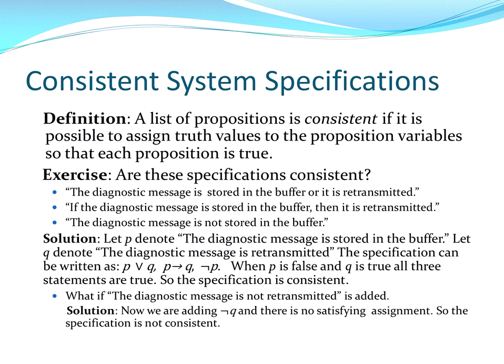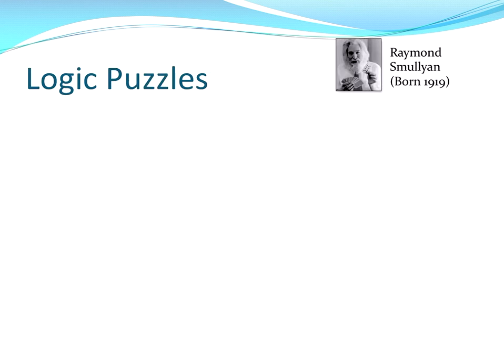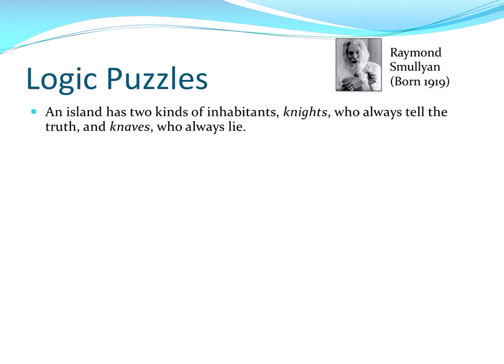First, I want to cover one more slide that we'll analyze also later with a truth table. This is a logic puzzle, a type of game, if you will, and you'll be able to use this technique to analyze whether you can get an answer or not. So here's the puzzle.